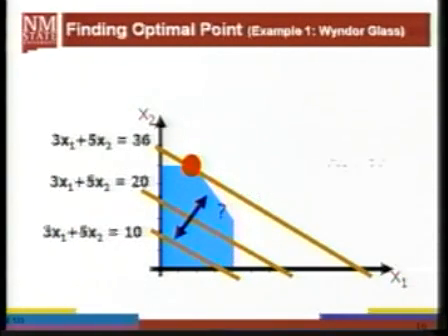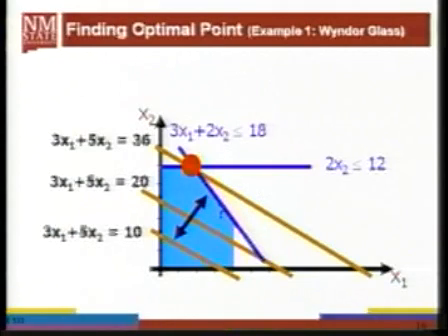Which means these two constraints are the binding constraints, because there is no gap between these lines and the optimal point, right? So in this case, we have two binding constraints based on the optimal point, right? So actually, the optimal point occurs at the intersection of two binding constraints, right?